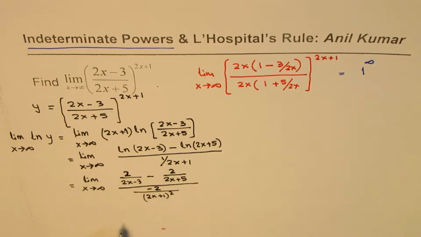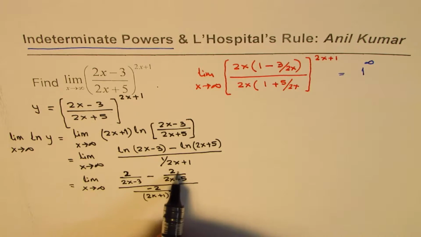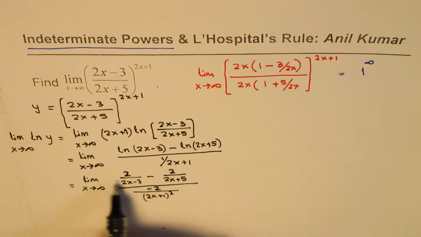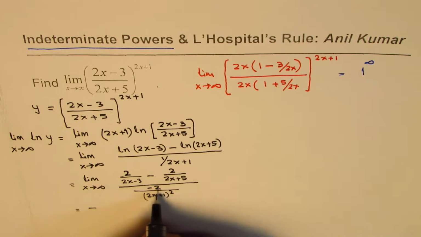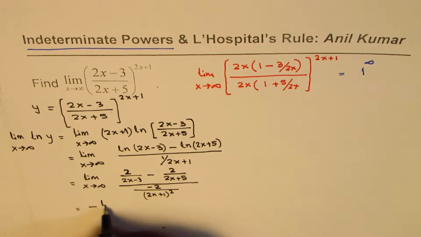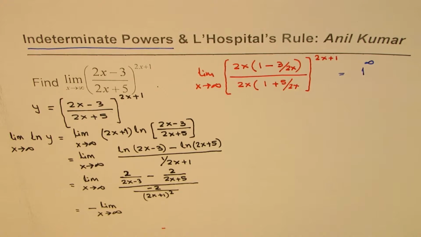So that's the derivative. Now we need to simplify this expression. You see 2, 2 and minus 2 is common, so you get negative. Let me take this negative term outside, so we'll say negative, cancelling out all these 2's, of the limit as x approaches infinity.